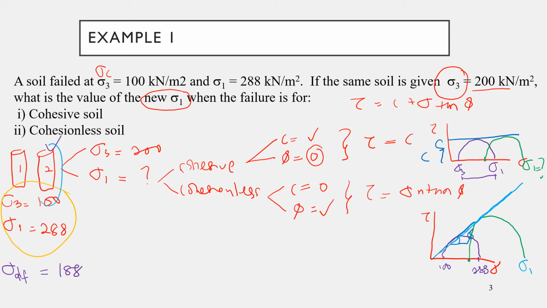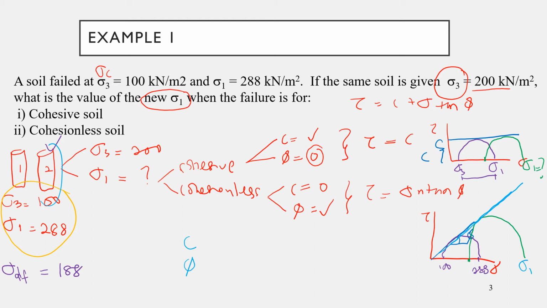Why? You have to know that if you prepare identical specimens, in which the density and the moisture contents are consistent, therefore they are going to share the same shear strength parameters. So what are the shear strength parameters? The C and also the friction angle value, depending on the type of soil.